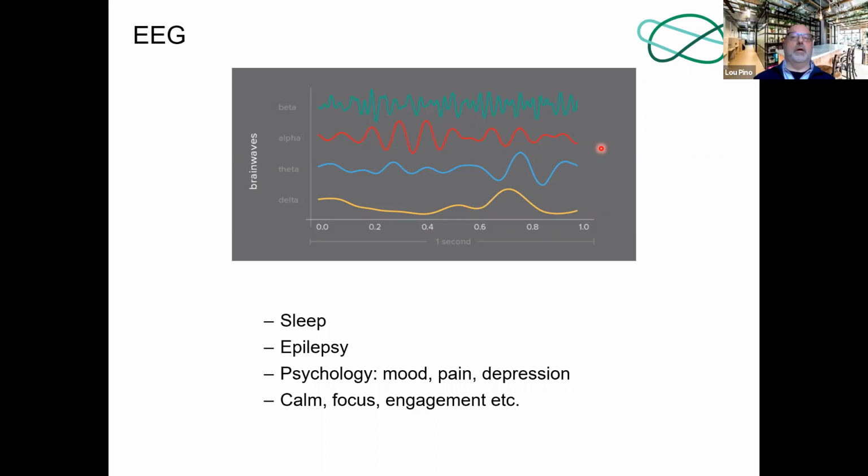And so the alpha signal shows up strongly when you're trying to ignore other sensory input. And beta, which is at the top, has the highest frequency and usually not a strong amplitude. This beta appears when one is actively thinking, and obviously it's not a sleep signal, it's when one is awake.